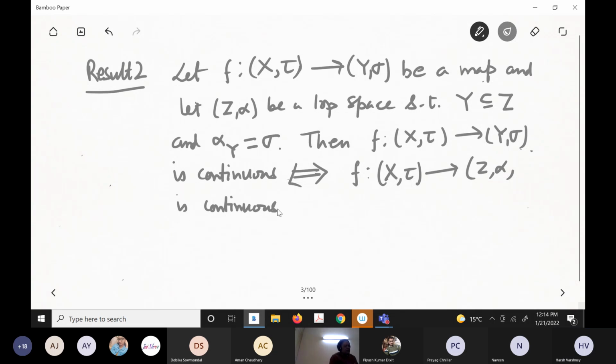this is again the definition of subspace topology. You can do that. If you assume it is continuous, that means f inverse of V, where V is open in sigma, is open there, then you can prove it there also. So I'm leaving it as an exercise.